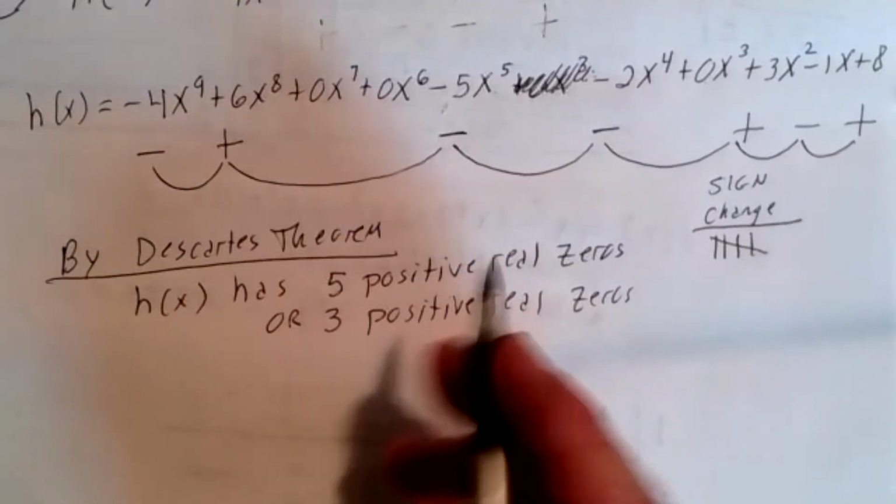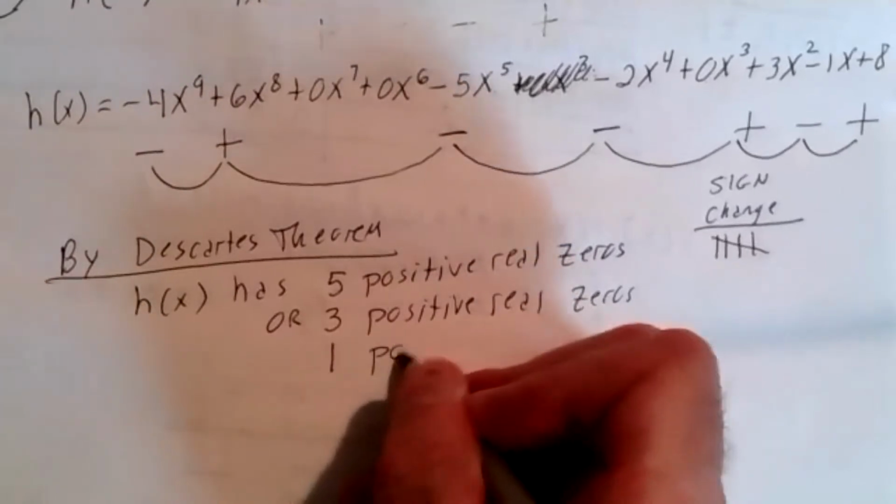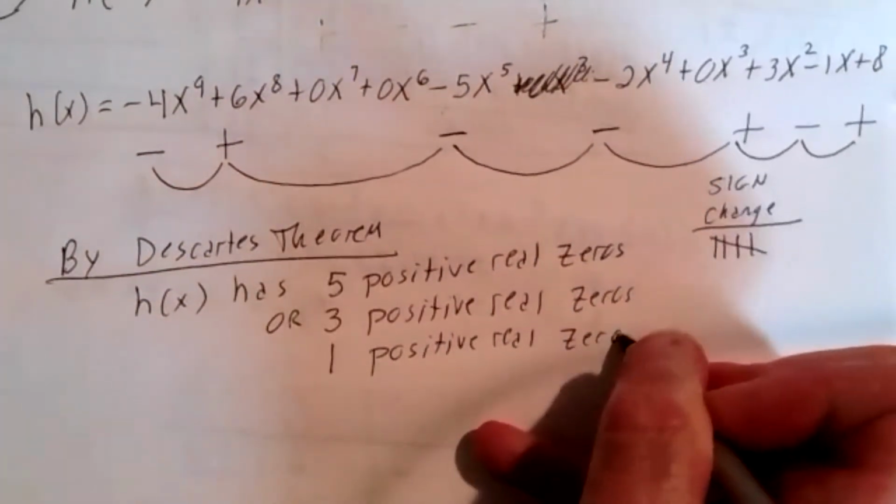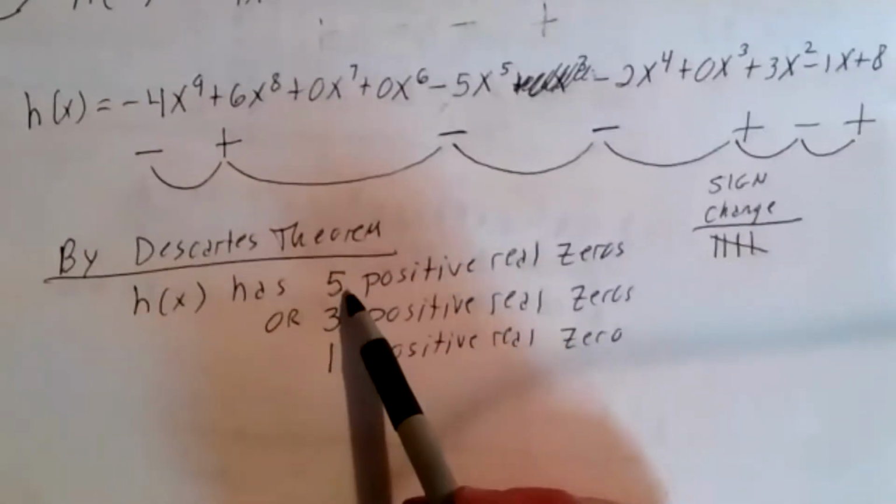So 5 minus 4 is, it could have 1 positive real zero.